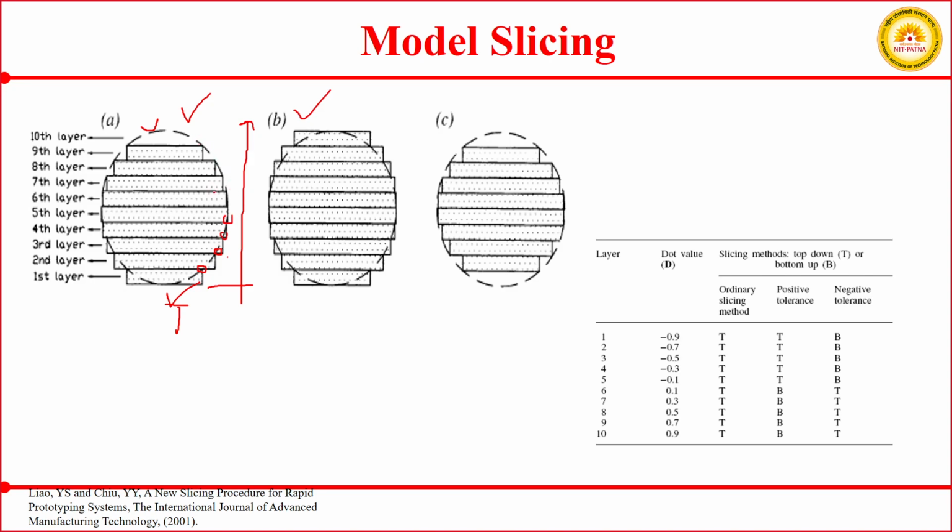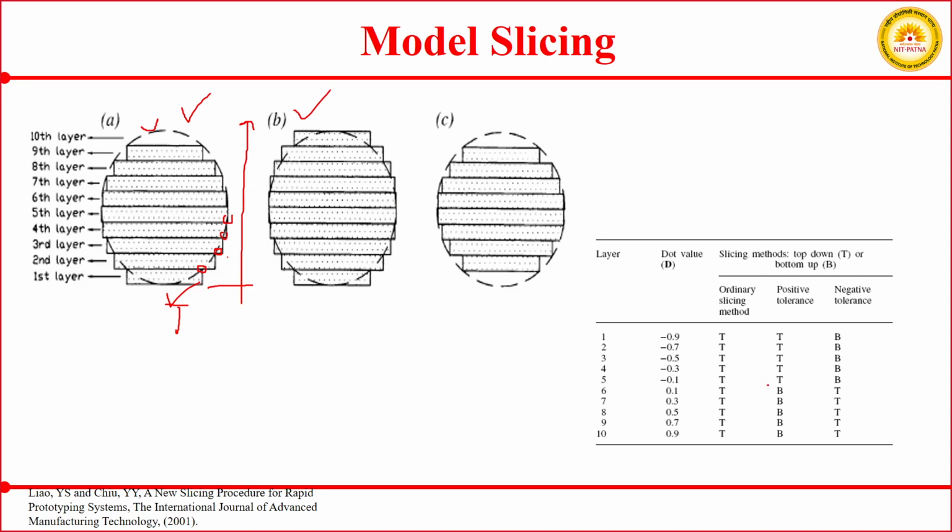So in order to compensate, suppose we require that the product may go oversized, but it should not go undersized. So what changes we have to do in this profile? As soon as the slope is going to be negative, we have to choose the bottom up approach. Okay, so as soon as the slope is becoming negative, we will use the bottom up approach.